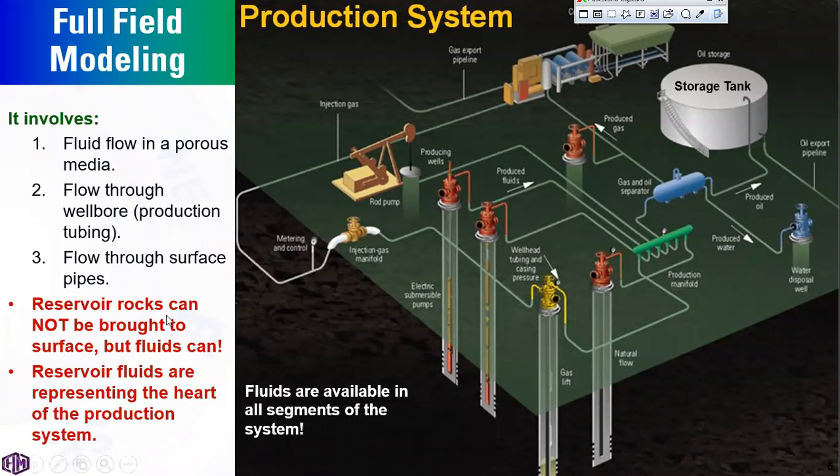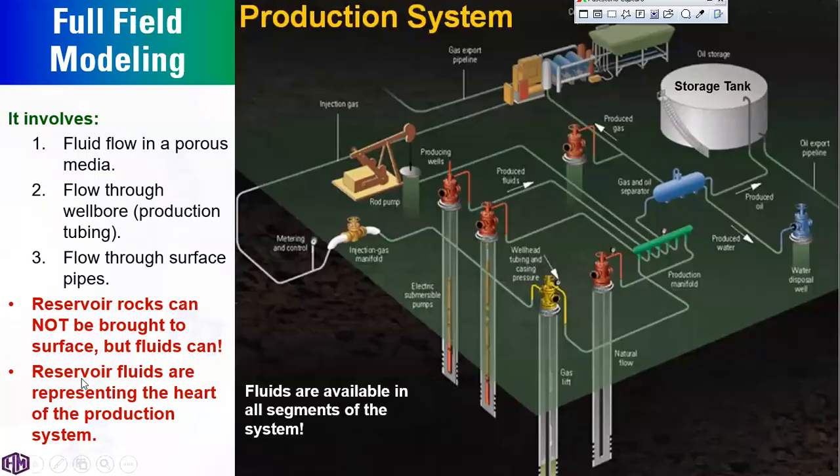So characterization of reservoir fluid is important and very critical to understand the major factors that will affect the production performance and the design of all of the segments of the production system, including the tubing design, casing design, wellhead and pipeline design, and so on.